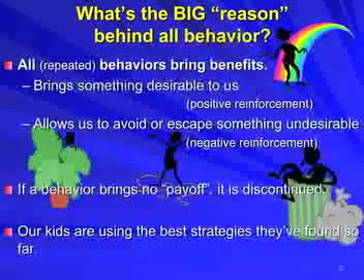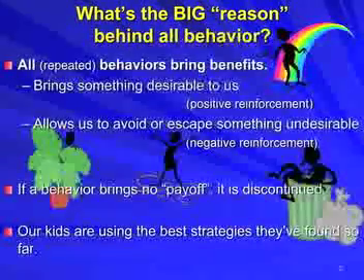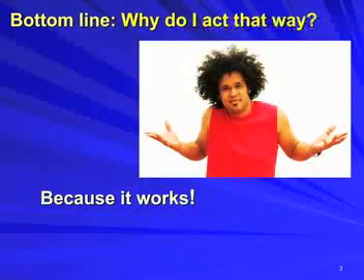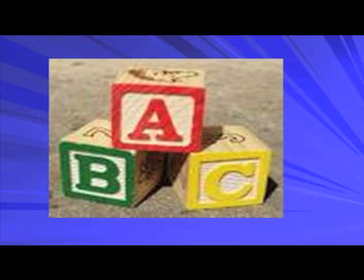That consequence will tell us why that behavior keeps happening. Behaviors continue to occur because there's a payoff, there's a benefit. We have to figure out what that payoff is, what the C is in the ABC analysis. Yes, ABC. It's as easy as 1, 2, 3.